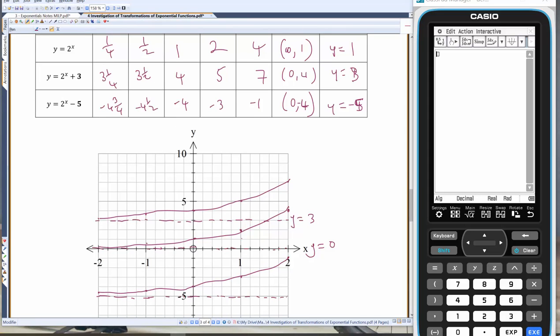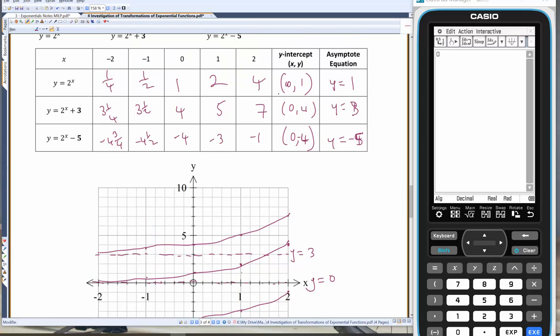Okay, so I'm unpaused now, and again, what I want you to do is have a look at your table of values. And the one thing I'm not too sure whether you would have got or picked up is the effect on the asymptote. Okay, so what you may notice is that this +3 and this take 5, what it does is it basically takes all of these y values here, and in this case adds 3 to the y values.